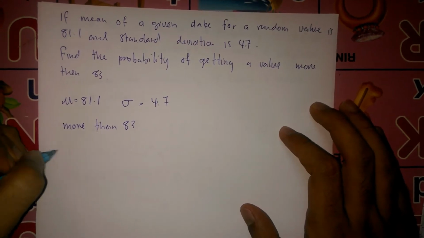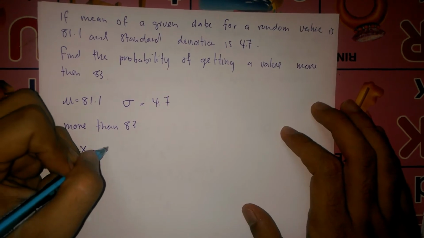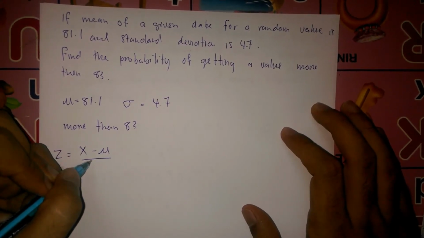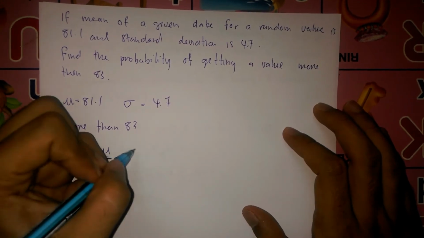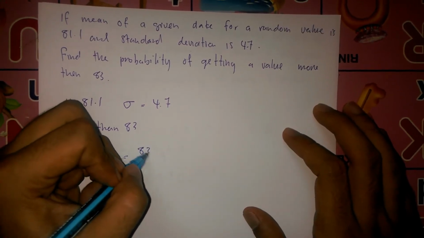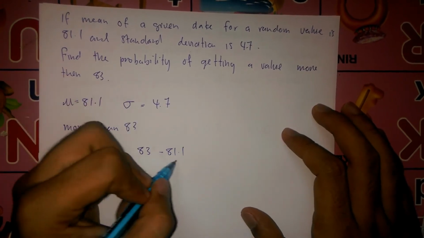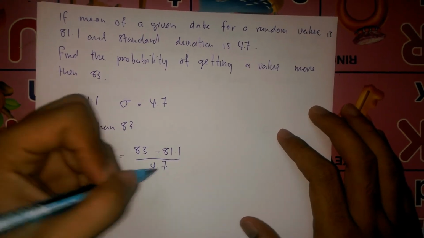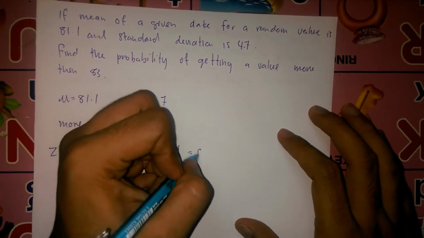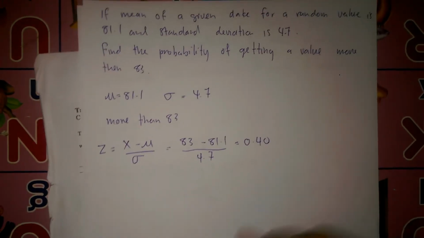The question wants more than 83. So we find the z with the formula x minus mean, divided by standard deviation. So 83 minus 81.1, divided by 4.7, we get 0.40. From this we refer to the z table.